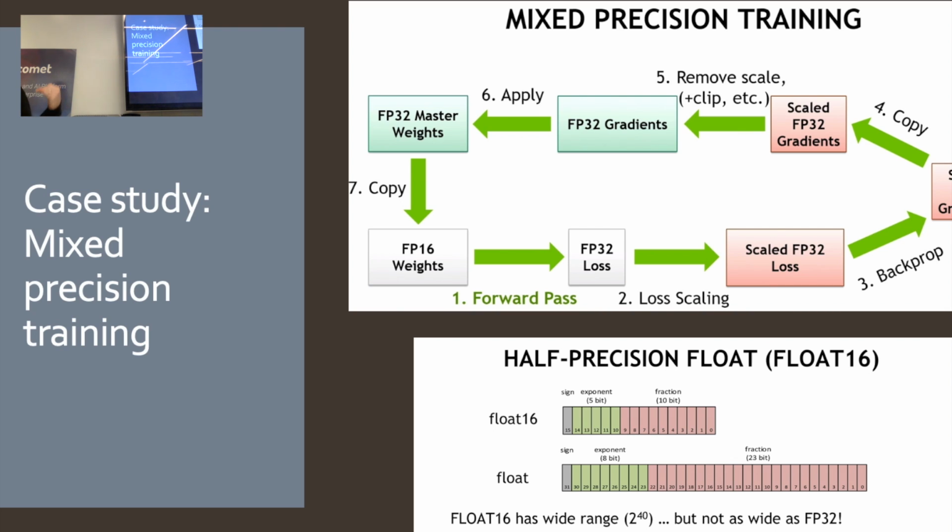To avoid that, you multiply your loss by a big number to make all the gradients a little bit bigger and take all the space they can in that normal range. Once you've scaled your loss, you do the backward pass, and you have your scaled gradients. You copy them because one thing that absolutely needs to be done in full precision is the model update.